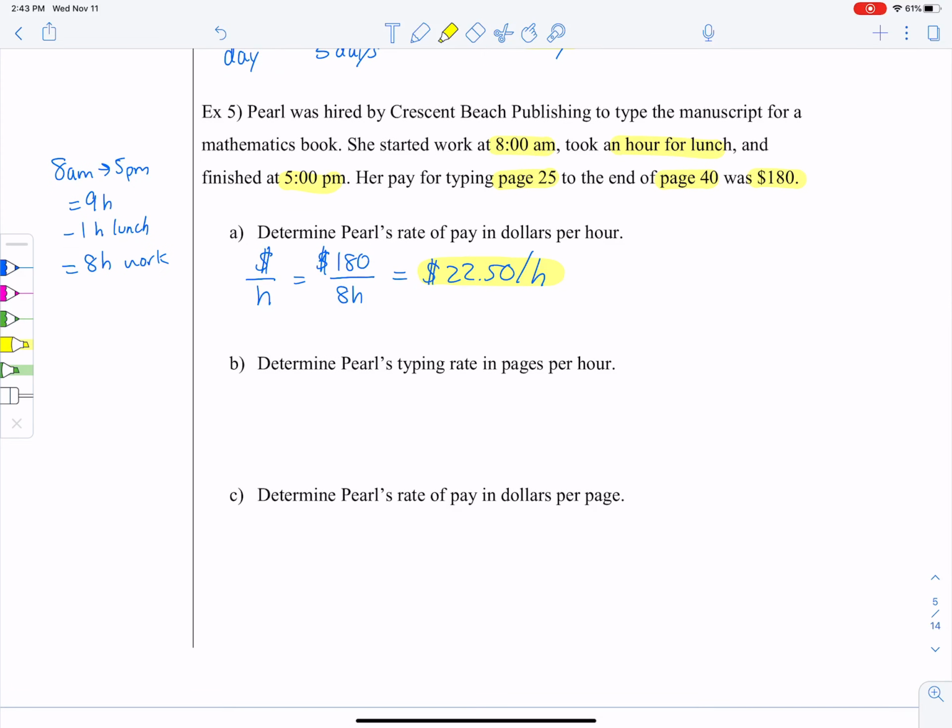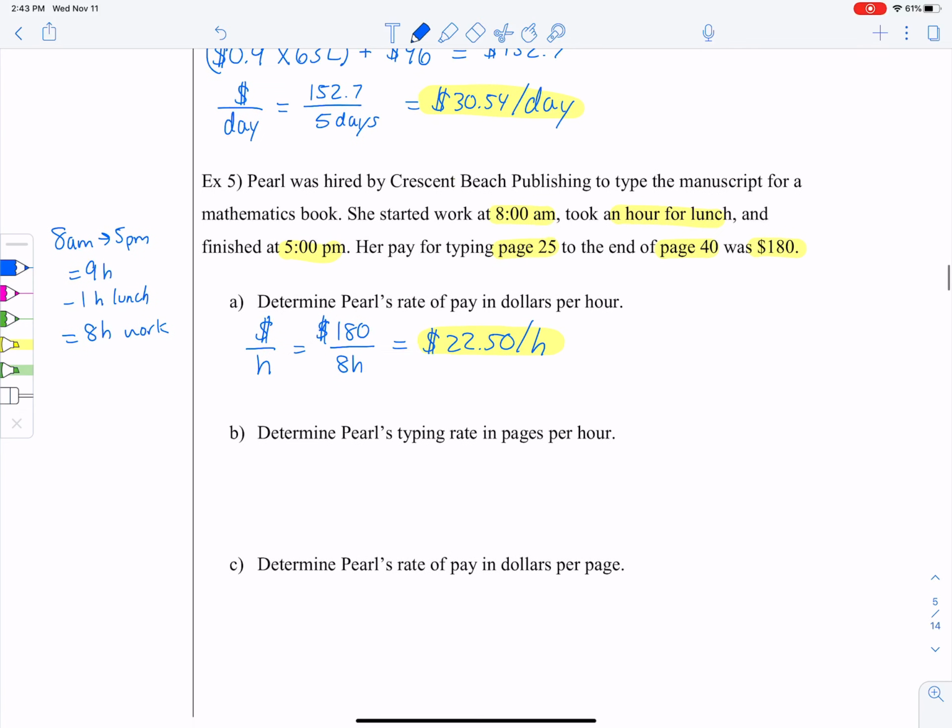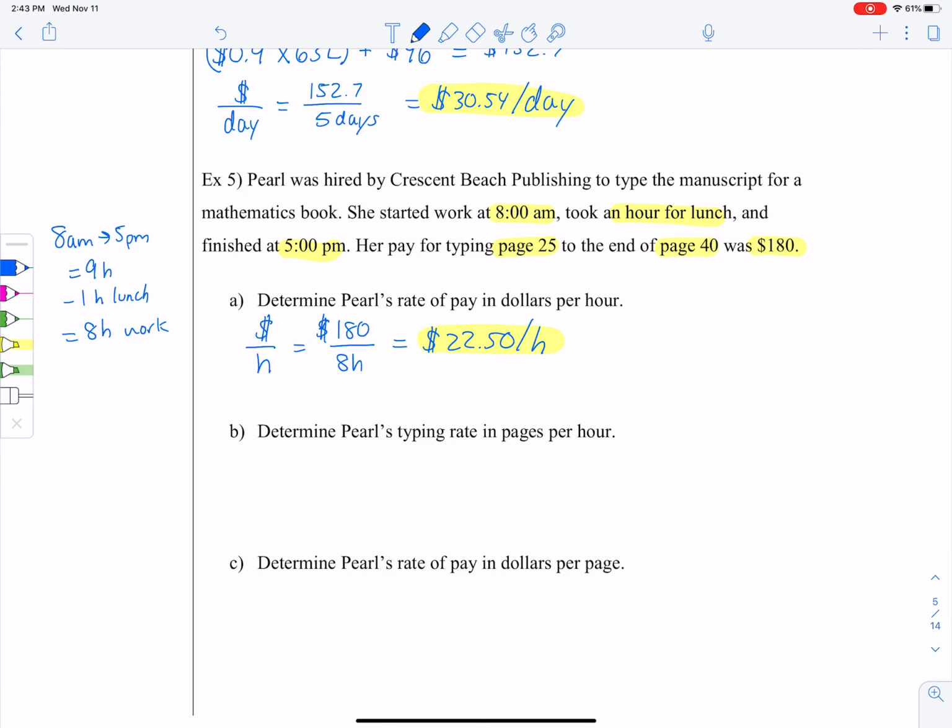Determine Pearl's typing rate in pages per hour. It says she was paid for typing page 25 to the end of page 40. So we need to first figure out how many pages. We're going to do 40 pages minus 24, not minus 25 because it said she typed page 25.